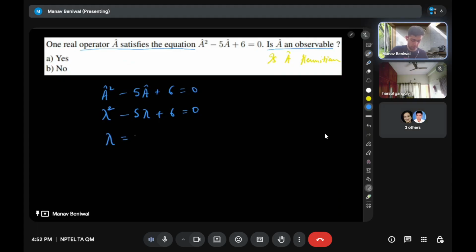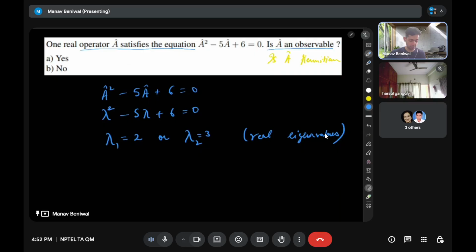So lambda is equal to 2 or lambda is equal to 3. Let's say this is lambda 1 and this is lambda 2. So we have two roots, and these are real eigenvalues.